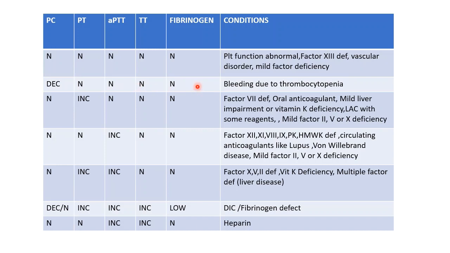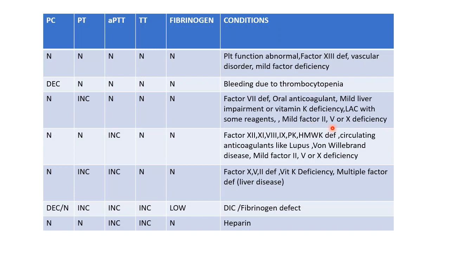You could do a peripheral smear examination, which would give you a clue. The next scenario, where there is isolated PT prolongation with everything else being normal, consider a factor deficiency of the extrinsic pathway like factor 7 deficiency, oral anticoagulant, mild liver impairment or vitamin K deficiency, lack of sensitivity with some reagents, and mild factor 2, 5 or 10 deficiency, which are factors of the common pathway.